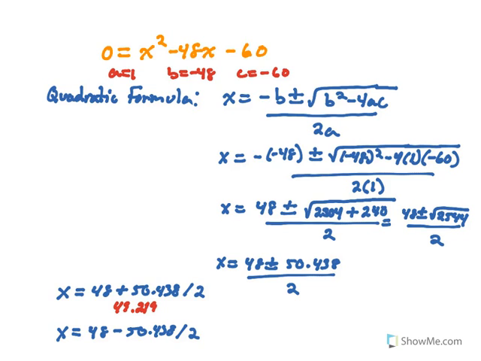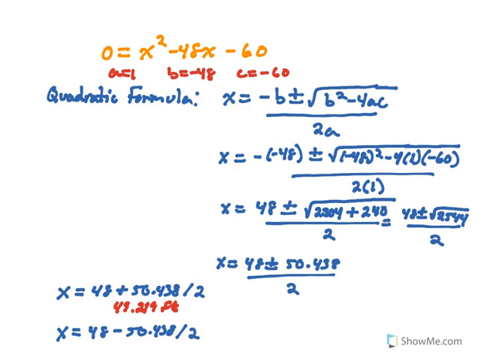Again, all these measurements are in feet now. Now, the other answer we're going to disregard, because 48 minus 50.438 is going to give me a negative value. And even if I divide it by 2, it's still going to give me a negative value. And distance is never measured with a negative value. So we're going to exclude that answer. We're just going to totally ignore it.